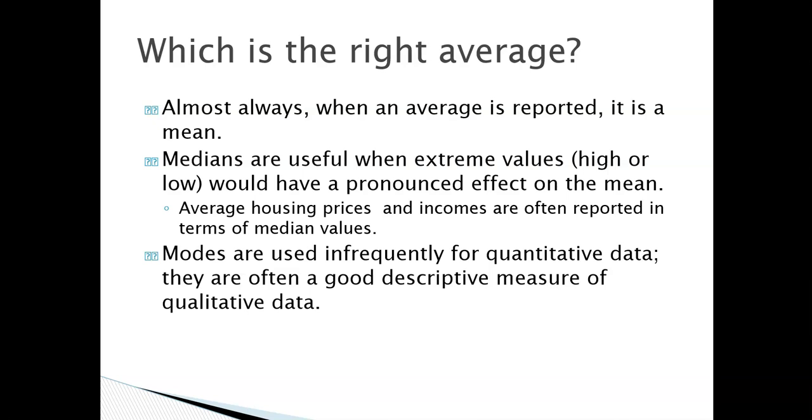Those will impact the data points. That's why usually we take the median in this case. The mode is used infrequently for quantitative data. Usually it's a good descriptive measure for qualitative data.